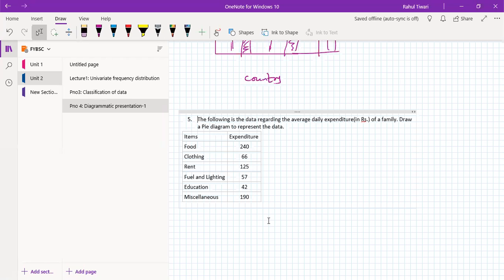Everything is linked and they are all components. Education is a component, rent is a component, clothing is a component. इसीलिए थोड़ा सा डिस्टिंग्विश करने में प्रॉब्लम होता है सिंपल और पाई में. ये कंसेप्ट याद रखो. तो यहाँ पे नेम ऑफ डायग्राम विल बी पाई चार्ट, and everybody knows how to draw the pie chart, so no problem at all.